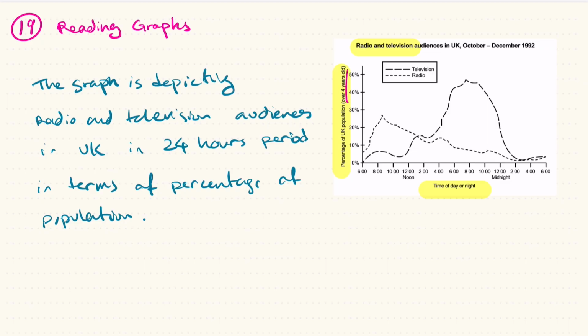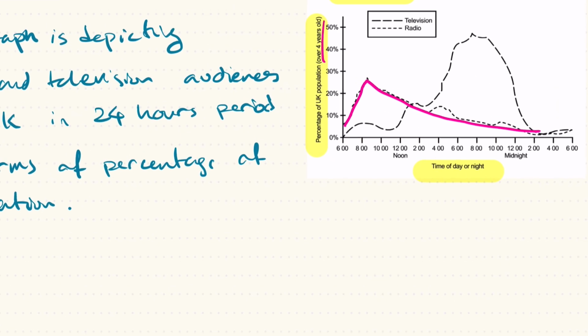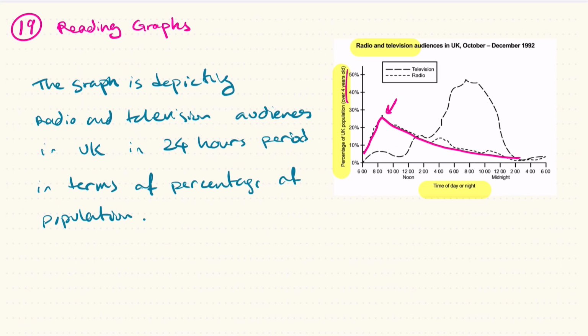So let's focus on one, which is, let's say, radio, and then we can move to television. So the radio has this obvious peak at 8 a.m. This is at about 8 a.m. So you can write that the radio audience peaks at about 25% at 8 a.m. or at 8 o'clock in the morning, and then it gradually decreases.